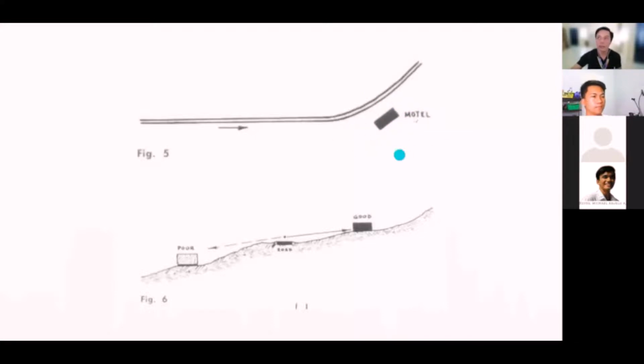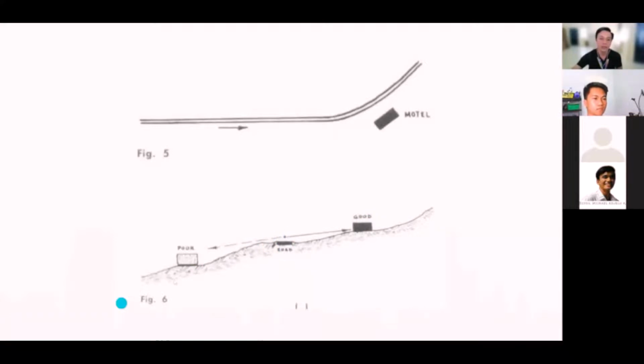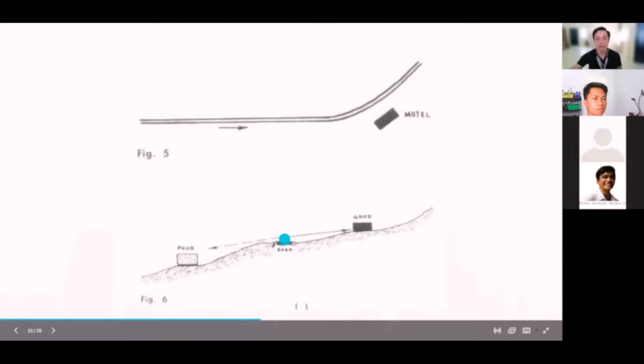That's why kung mapapansin nyo yung mga franchise ng McDo, they are always located at the corner lots of the highway. Then the elevation, of course, kapag di nakikita agad ng user, mas maliit yung chance na gamitin nila yung facilities mo versus dito.